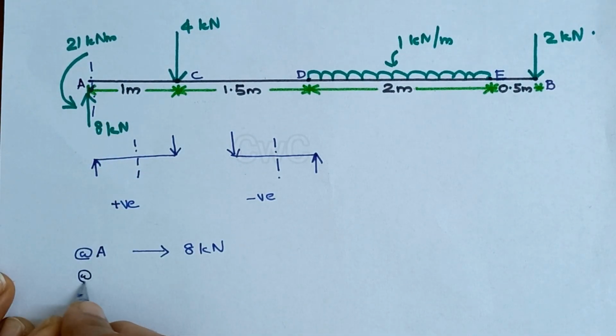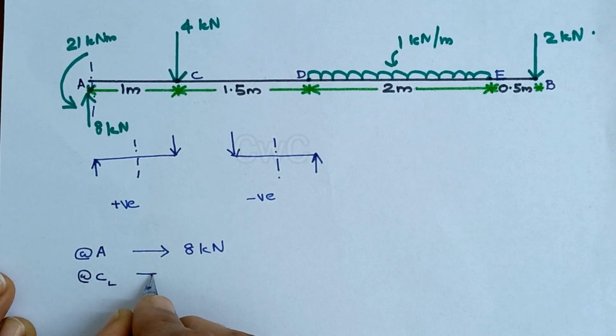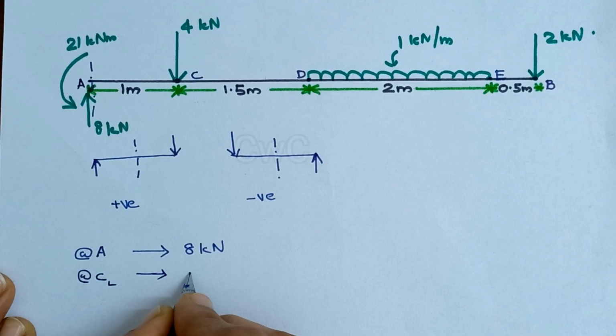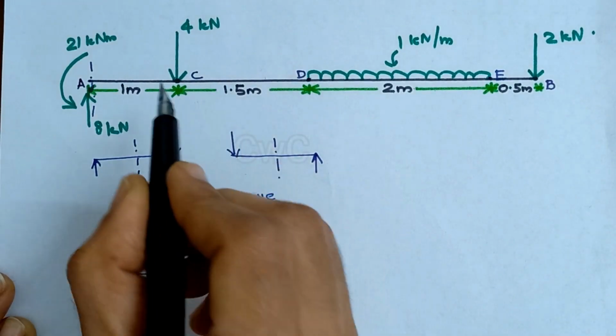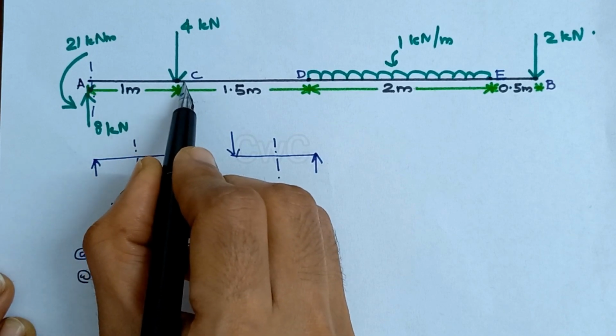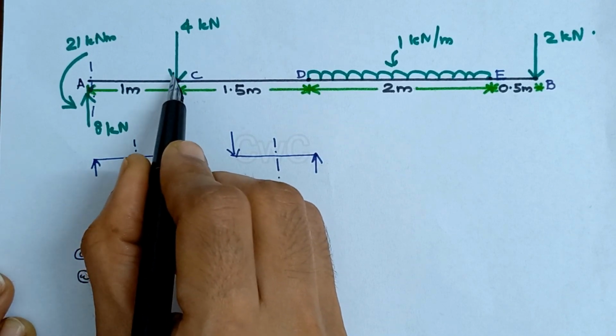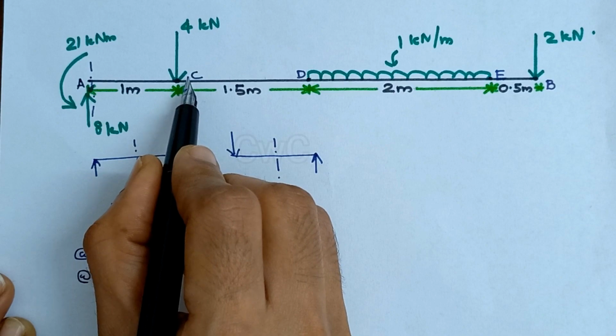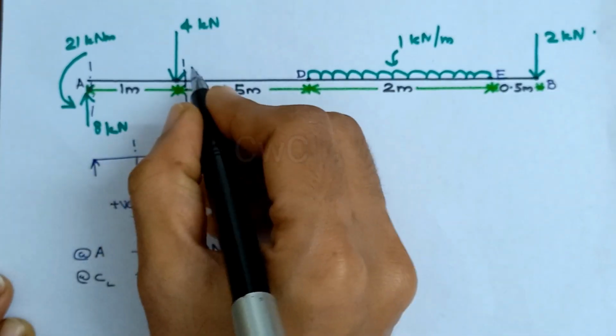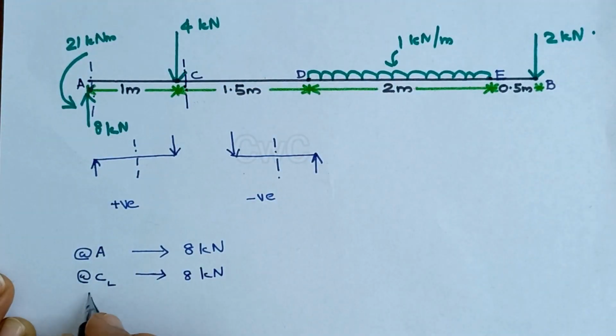So from this point to till this point the shear force will be the same. So we can write at C left side it will be 8 kilonewton. Okay, once we cross this point load at C, there will be a change in shear force. We can take a section here.